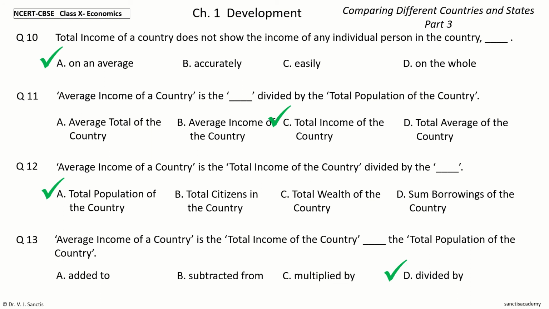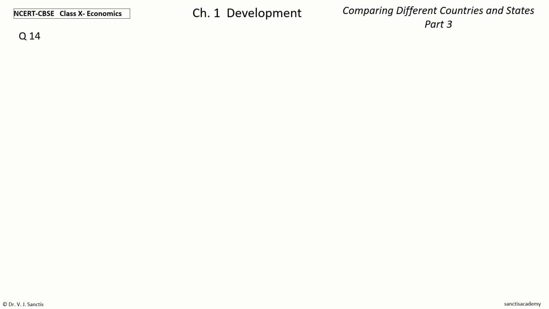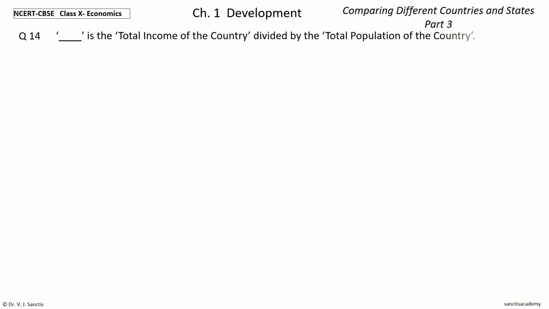So, average income of a country is the total income of the country divided by the total population of the country. Next question, 14. Dash is the total income of the country divided by the total population of the country.